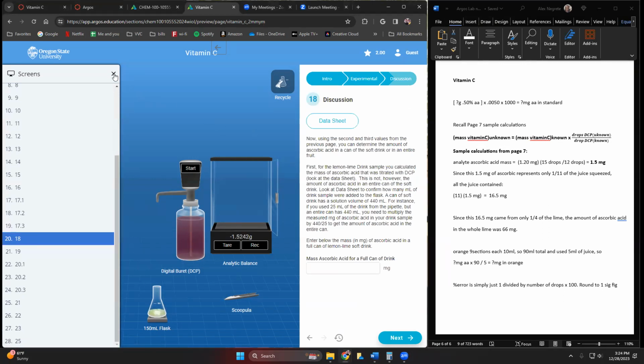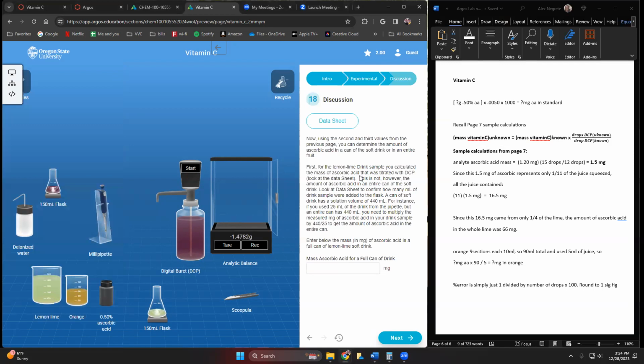Now, as far as if this were a full can, because again, we talked about this a little while ago, this isn't the whole entire can of juice. This is just a small sample. So normally we get 440 milliliters for this soft drink here, but we use 25 milliliters. Okay. So what it's asking for on this page for the discussion, the mass of ascorbic acid for a full can.